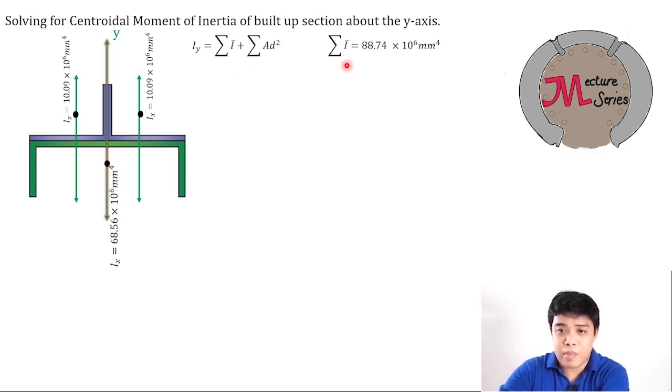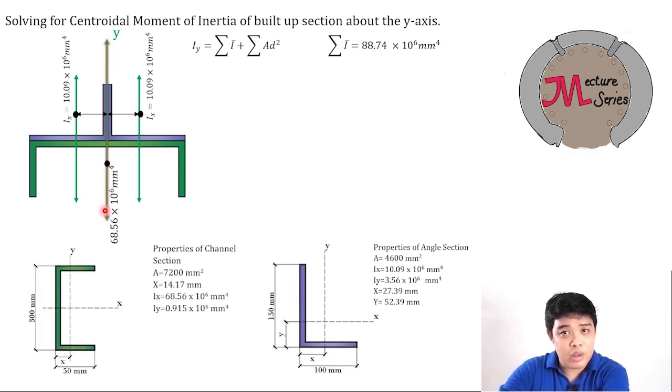In this formula, we have the summation of the centroidal moment of inertia of each section parallel to the y-axis. For the summation of AD squared, we have to get the distance of each steel section to the centroidal y-axis. You can do it by going back to our steel section properties. Take note of this, guys.